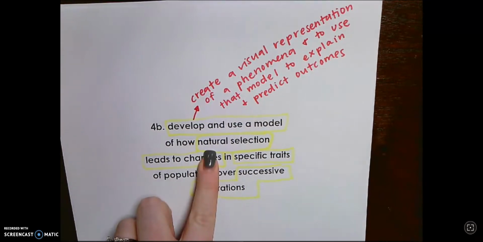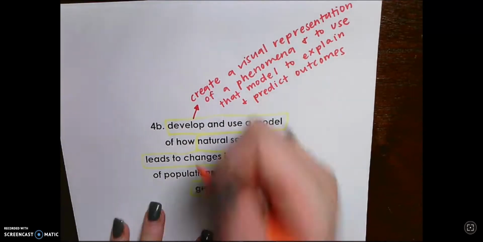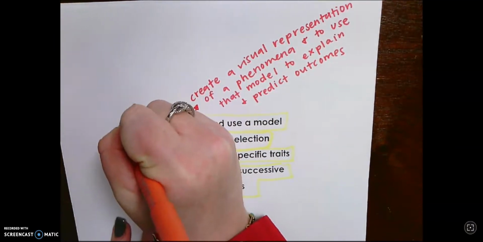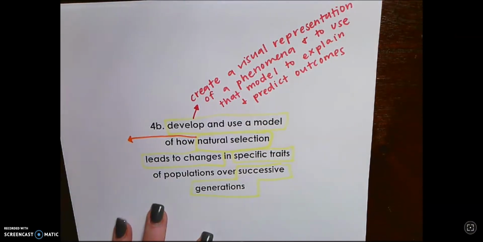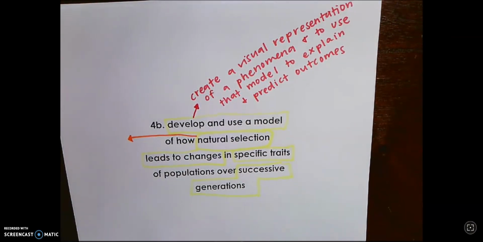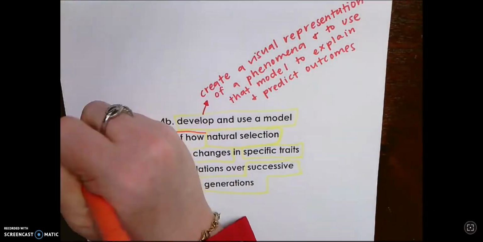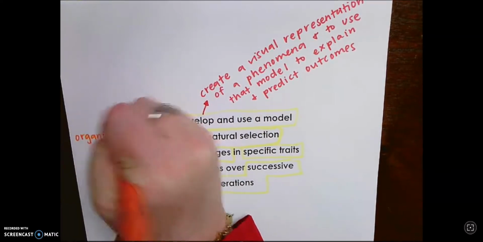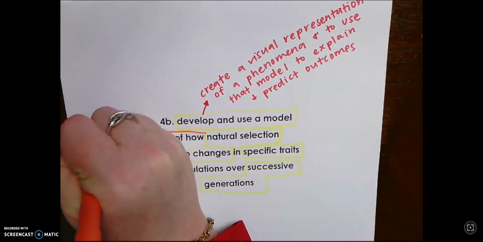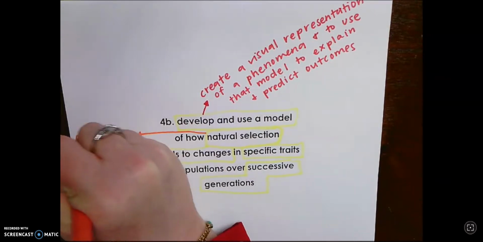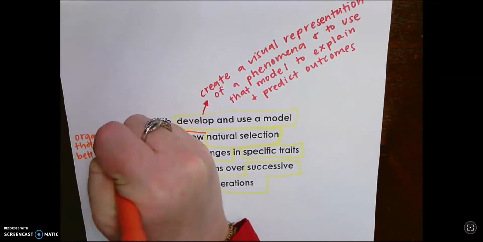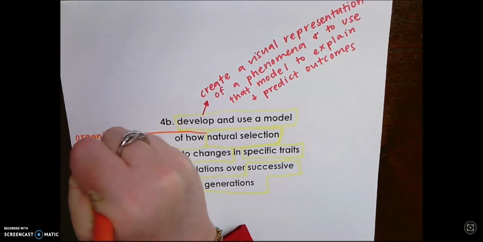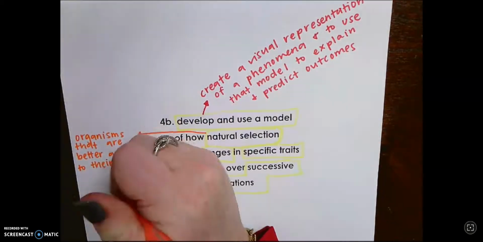My next key phrase on here is going to be natural selection. So I'm going to draw an arrow off to the side here to create kind of a specific space for this. And natural selection, we know, is going to be the process of organisms that are better fit for their environment surviving long enough to pass on their traits.